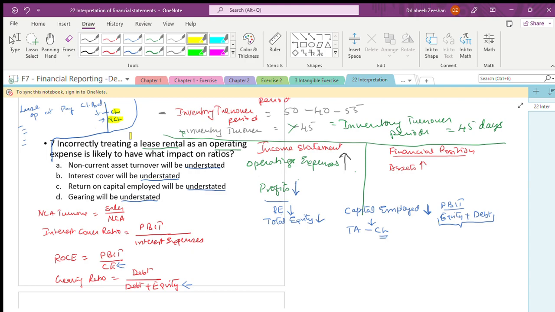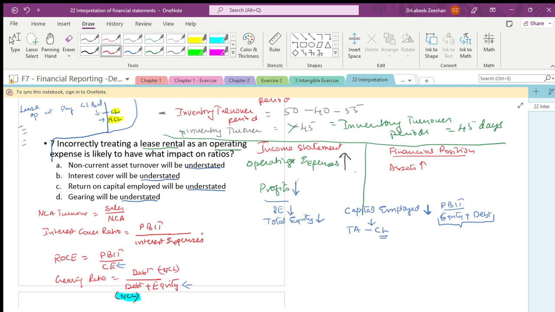When we say non-current liabilities, debt is nothing but a non-current liability. That is the reason you should have a very clear understanding of what it is affecting. It affects the debt, because debt is also a non-current liability.